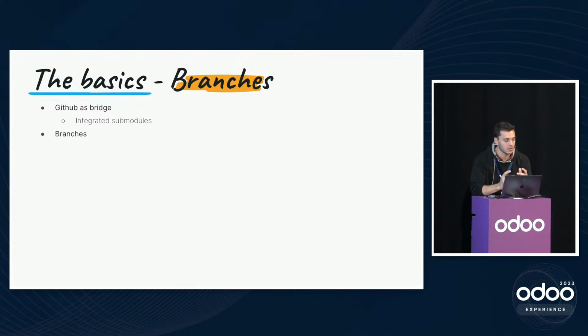So what are branches? Basically, Odoo.sh binds with GitHub to handle your code. So what is GitHub? For those of you who don't know, it's simply a code editing software that helps you keep track of the different versions of your code.